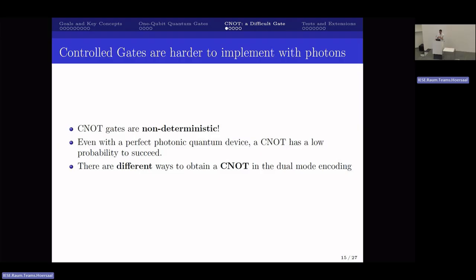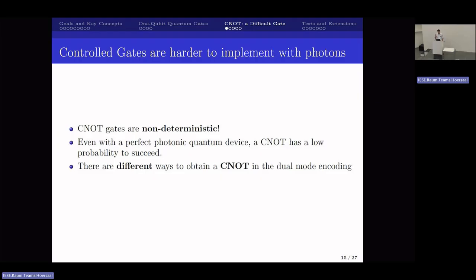Even in a perfect quantum computer, you will have a chance that your CNOT will fail. So that's something I want to put emphasis on. It has a low probability to succeed. You will be able to compensate for that problem, but it's still something to be noted.